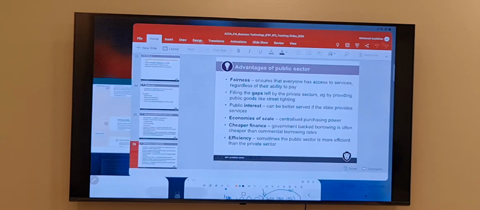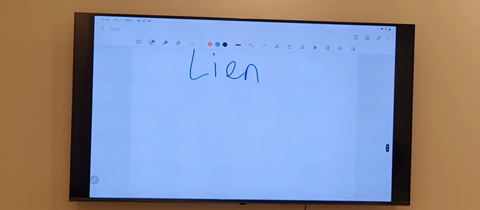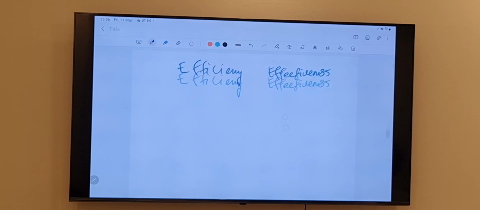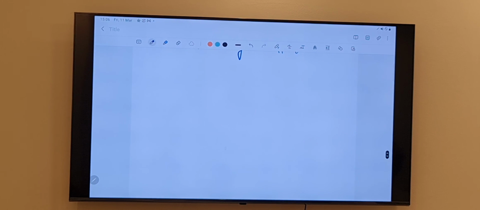Do you all know the meaning? There are three very famous words which all accounting students must know. One is efficiency, another word is effectiveness, and also we have another word here, productivity.